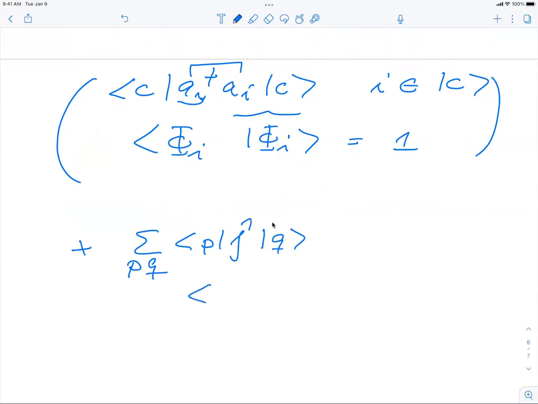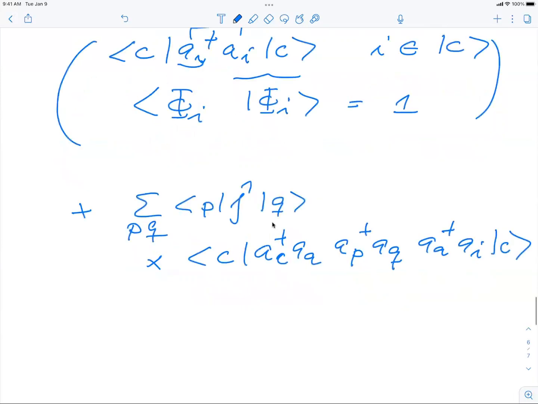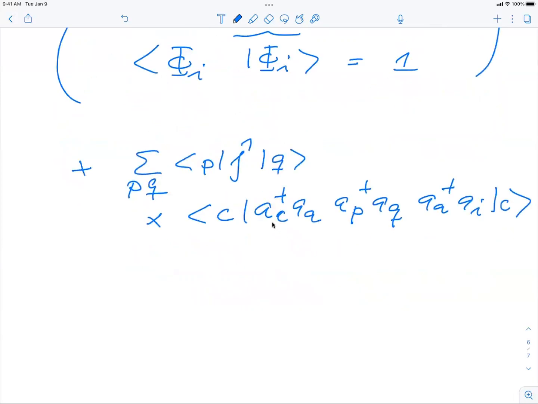So let's just write it like this, times a C, and then an A_I dagger, A_A, I have my A_P and A_Q dagger, and then I have an A and A_I. And this is acting on the vacuum state. So let's go carefully through the different types of contractions we have.